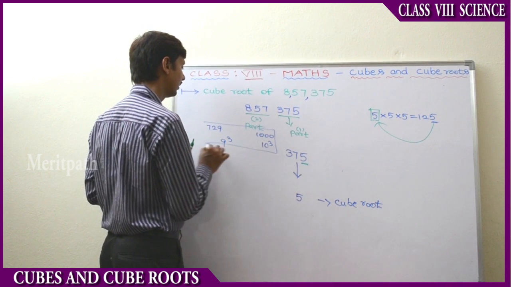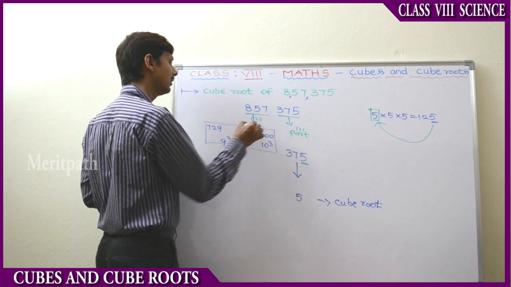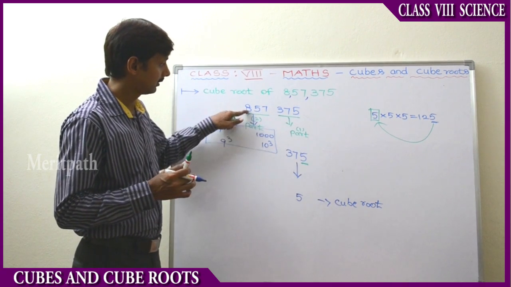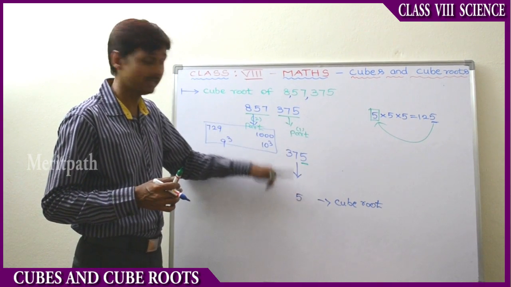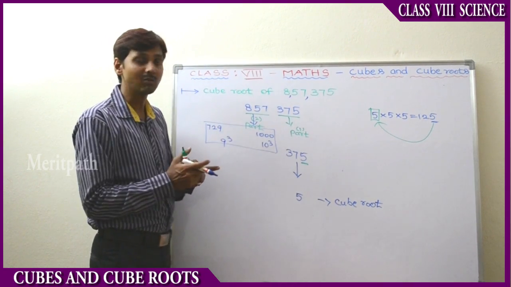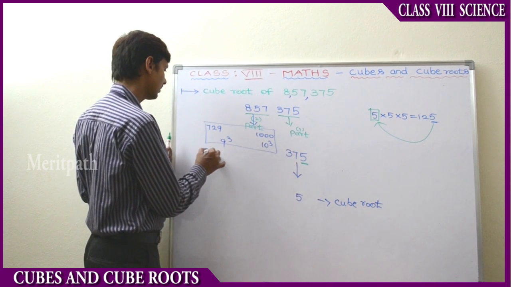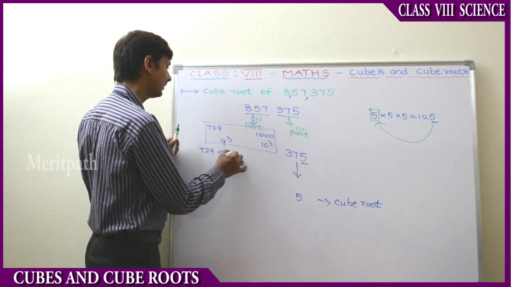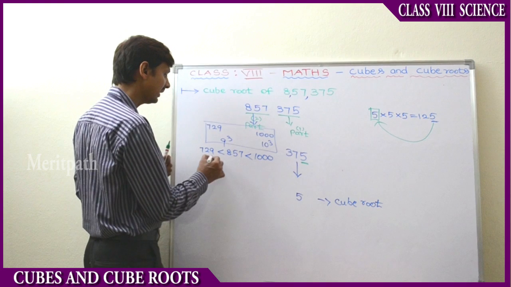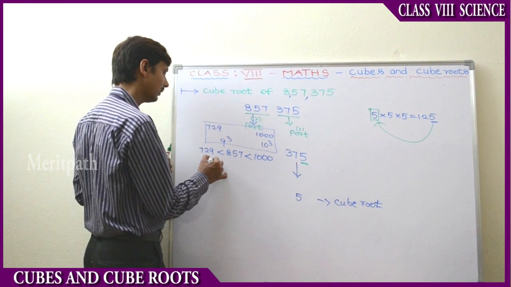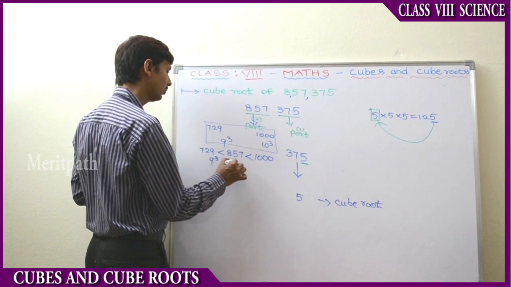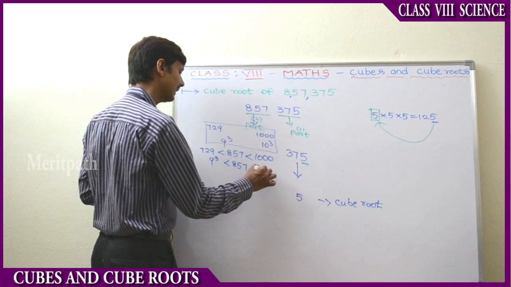This number 857 lies between 729 and 1000. So 729 is less than 857, which is less than 1000. So 9 cube is less than 857, which is less than 10 cube.